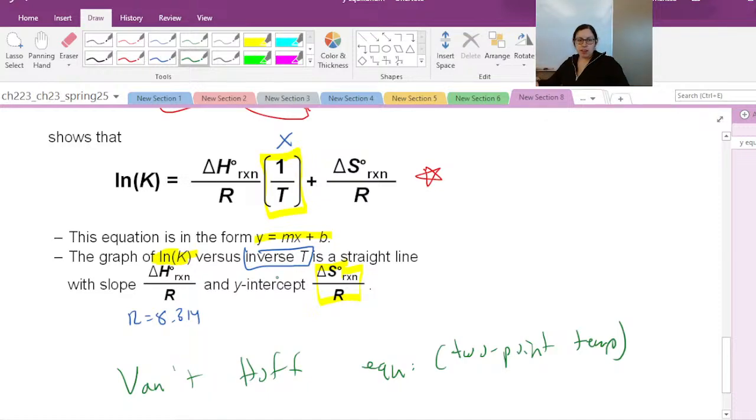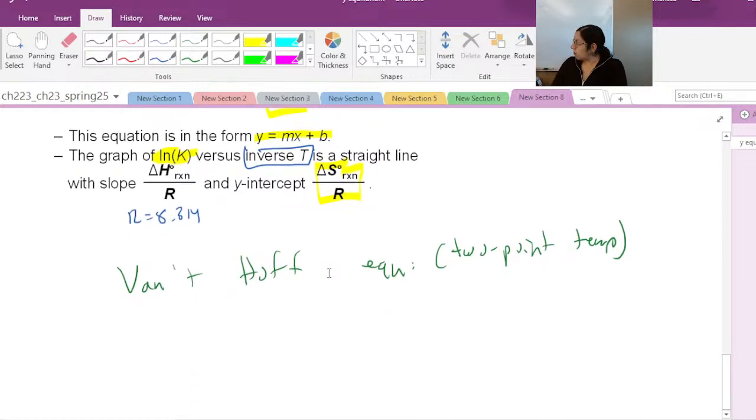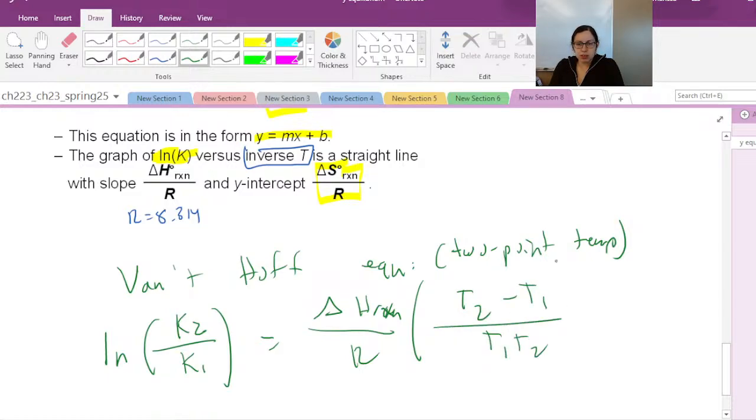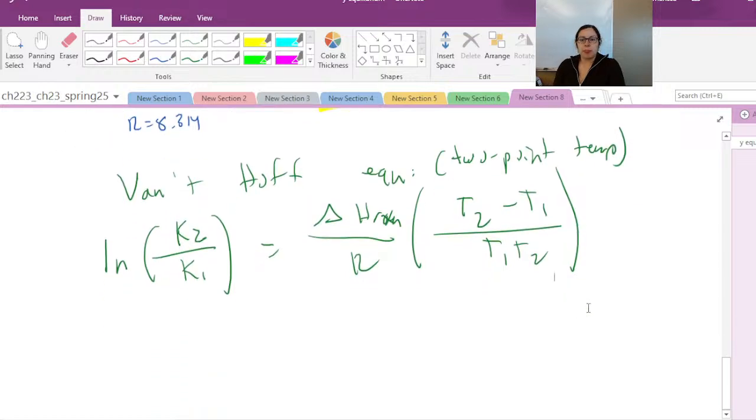So you could make a plot of the K values. Or we typically see these two-point equations. So our two-point equation would be the natural log of K2 over K1, temperature dependent, is equal to our change in enthalpy of the reaction over R times T2 minus T1 over T1 times T2. And T again is always in Kelvin.